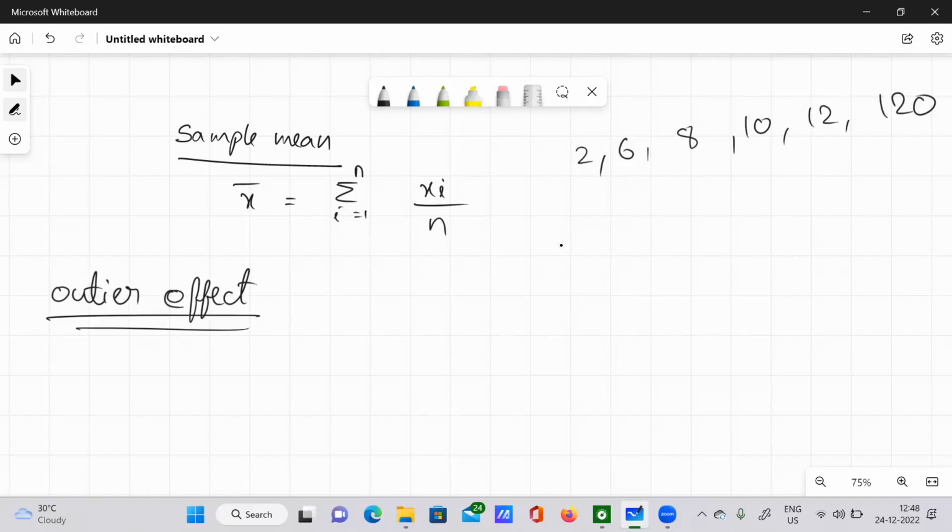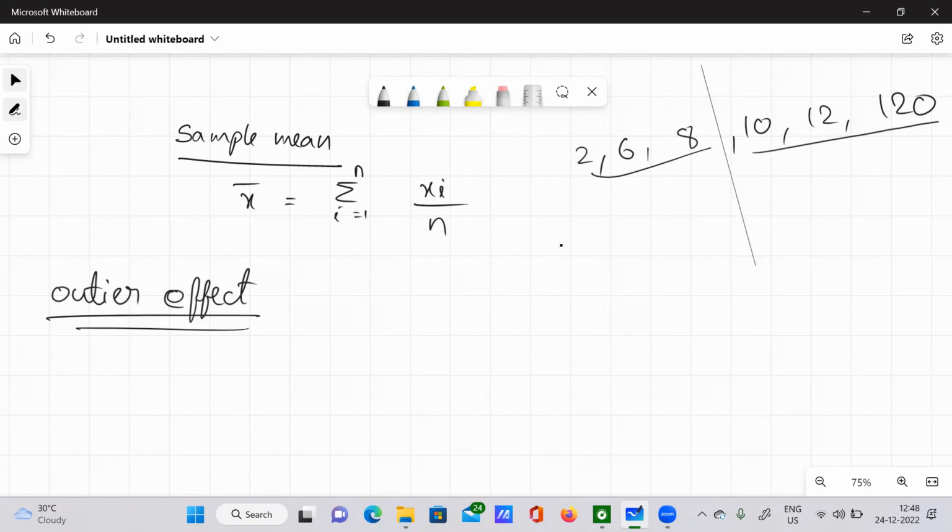In general, we usually expect the mean to lie in between. Here I have 3 values on one side and 3 values on the other, so our mean would usually lie somewhere in the middle.